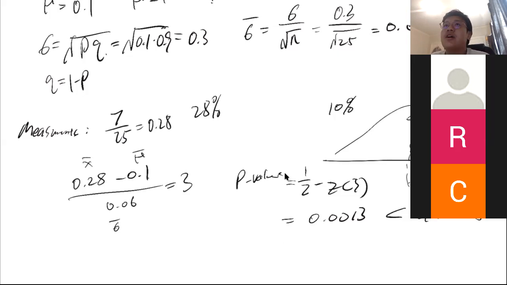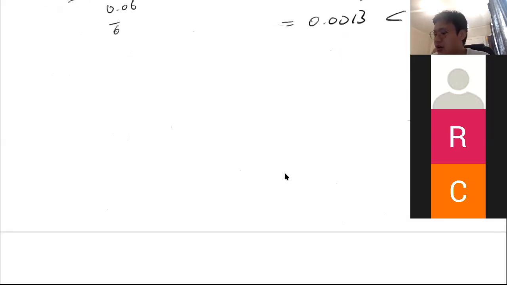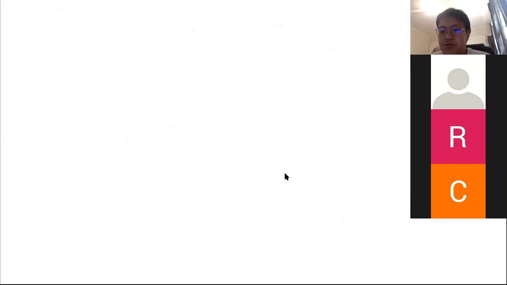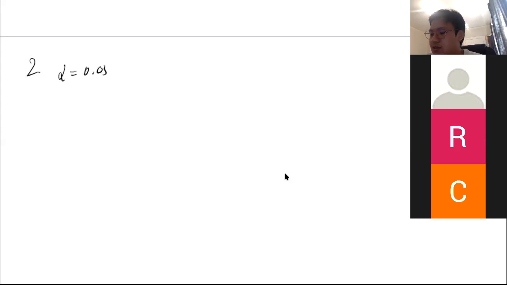Okay, maybe we should look at problem 2 together. For problem 2, I'm flipping a coin 100 times and get a total of 55 heads. I think the coin is biased toward heads, and the significance level is 0.05. First of all, we need to set up the experiment. We need to write the null hypothesis and our alternative hypothesis.